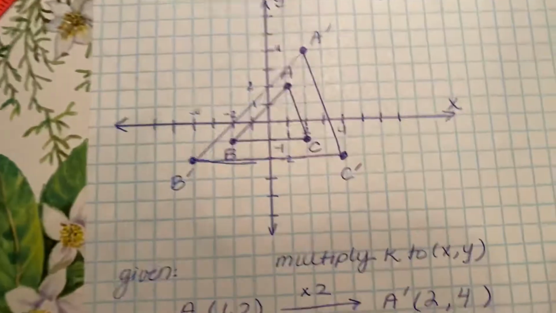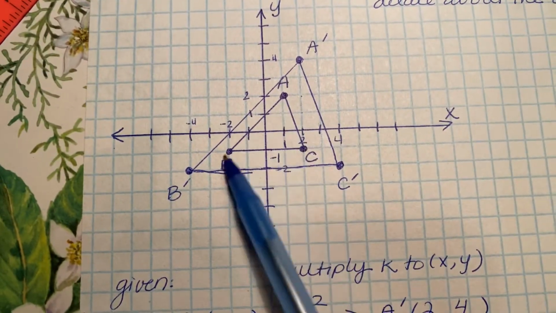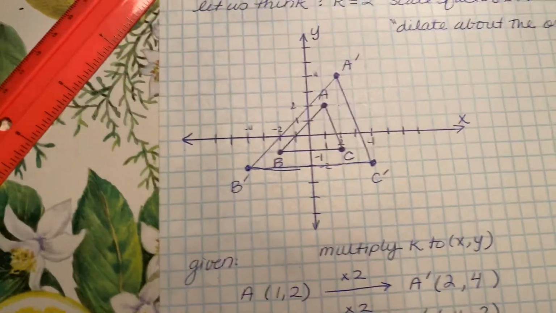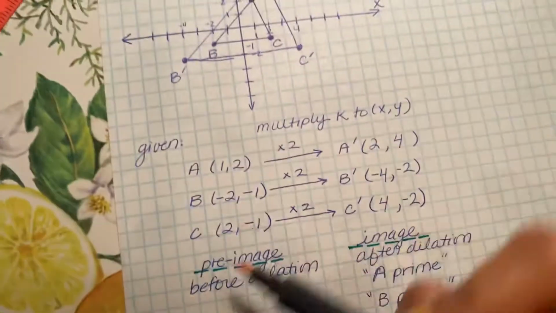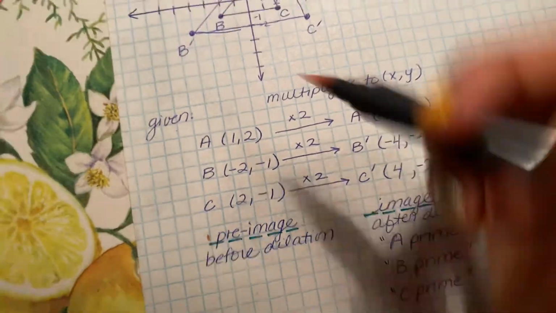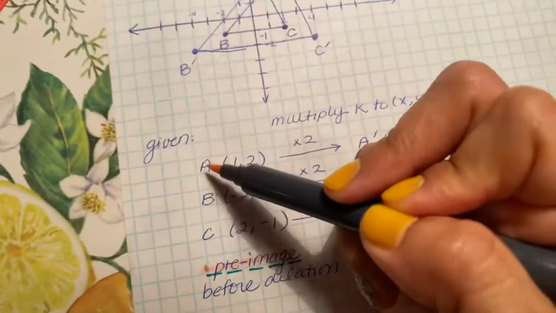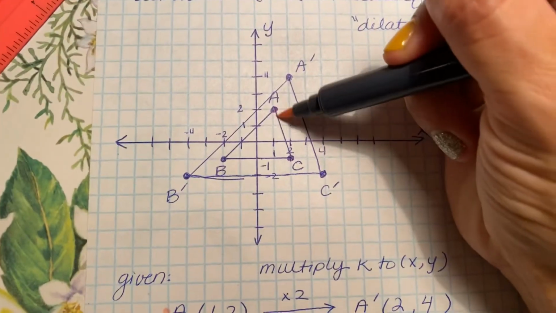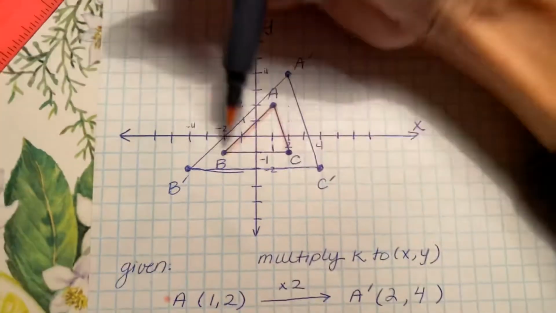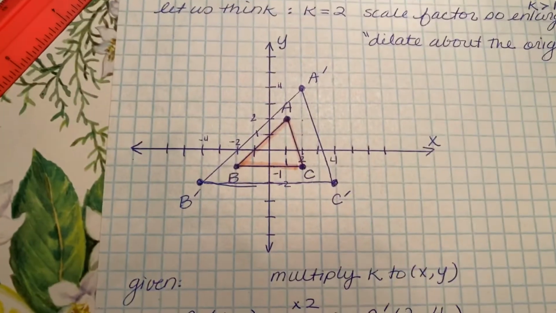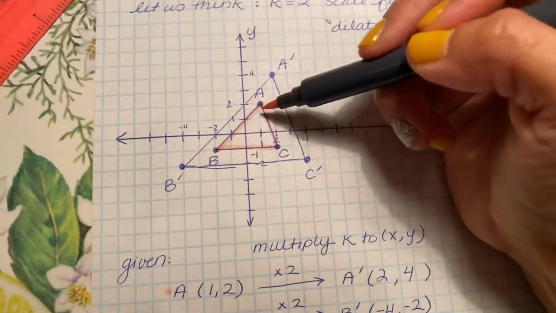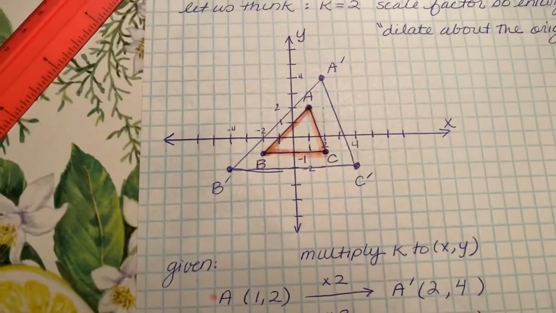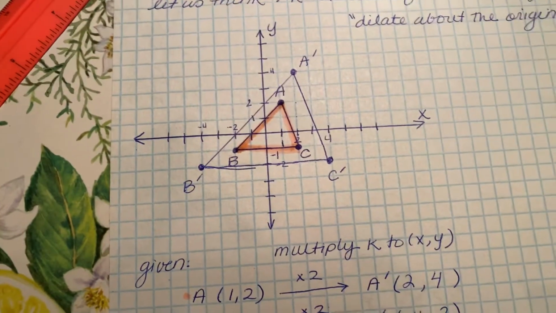Okay, so as you can see, here's my pre-image. Now we're going to color code, okay? So I'm going to use pink. Okay, so my pre-image, I will make it pink, right? So just kind of dot them. Okay, so this is my pre-image. All right, and now I'm going to go ahead and my image.